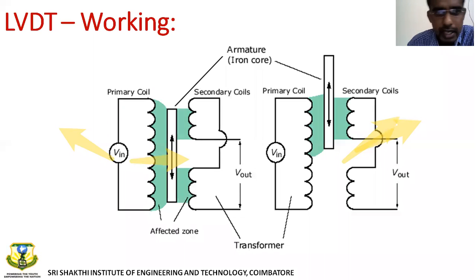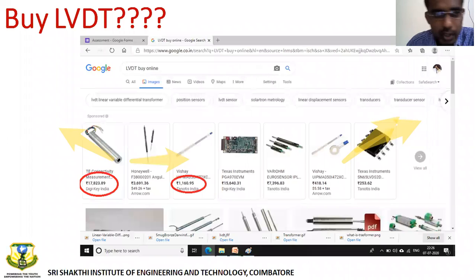So the next slide is, what is the cost of LVDT? Why I'm showing this is, you are final years, sometimes you might think of automating it, you might go for different sensors. See, it ranges from 1160 to 17,000. So it depends upon the accuracy, the range, whether indoor use or outdoor use, industrial use. Accordingly the sensor's value or range might differ, like how your cell phones have more variants, right?